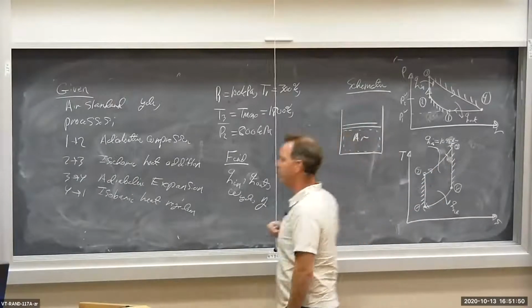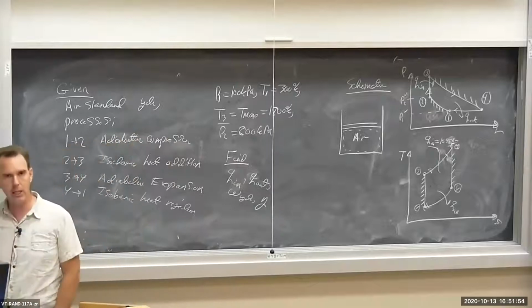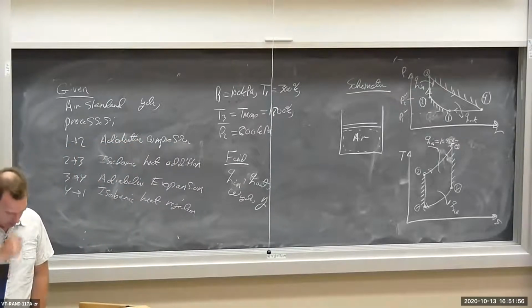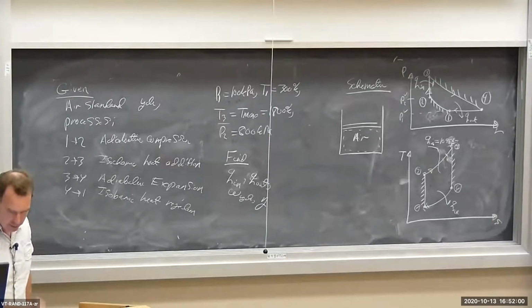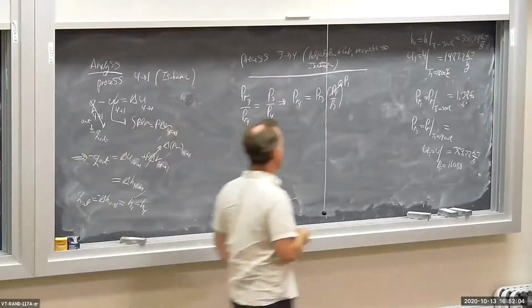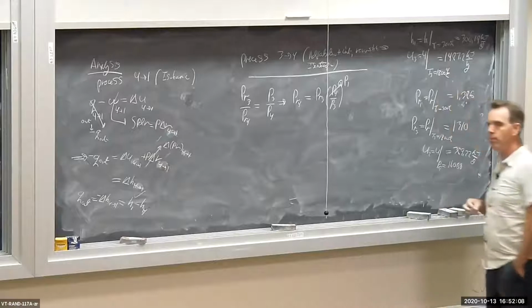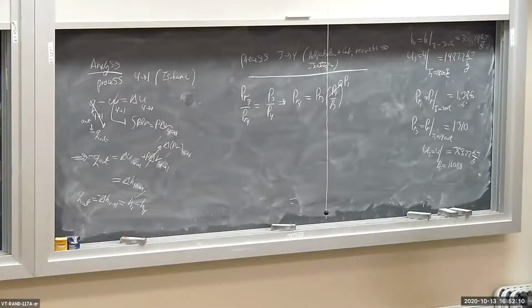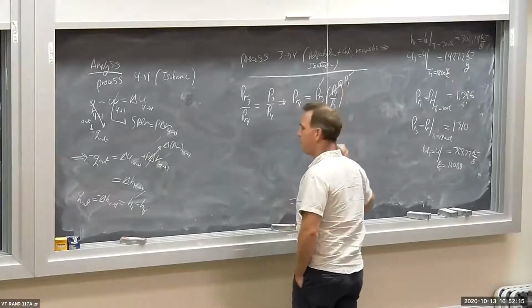So I can get PR3. PR3 is 1310 from the air tables. So I got PR3, and I got P1, which is P4.